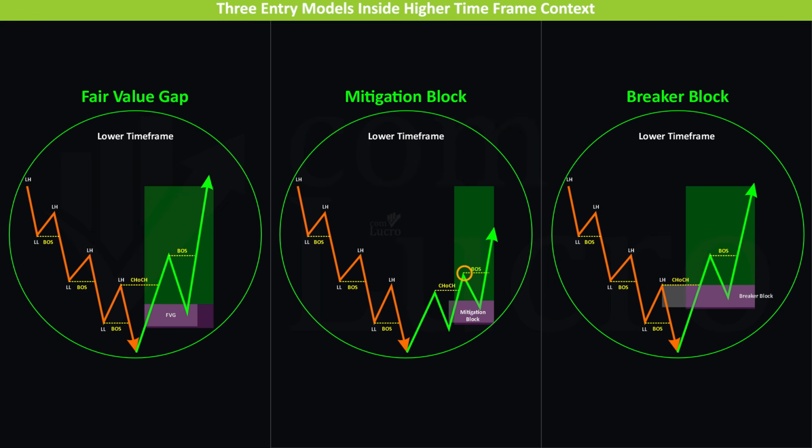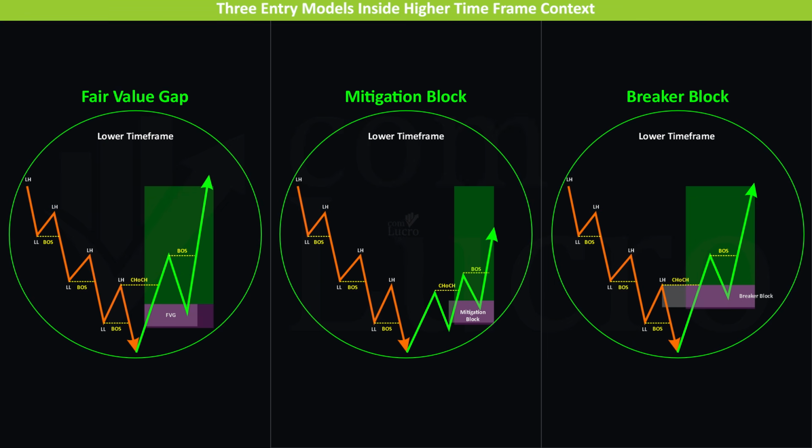From there, price should produce a bullish displacement that closes above the prior swing high, creating a market structure shift. In this situation, the bullish mitigation block is defined by the up-close candle, or a series of up-close candles, that appear between the initial swing low and the first swing high.